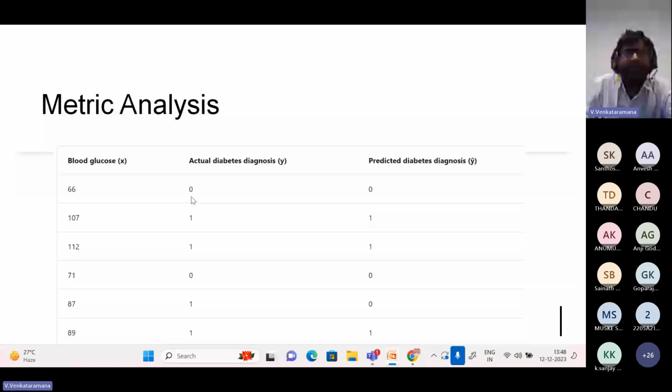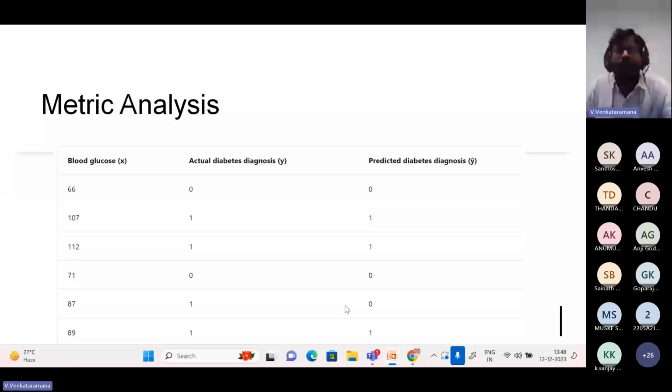Is there anything with 0, 1? How many samples are there? No sample where actually he is diabetic negative but your model predicts diabetic positive. Such samples are not there, so that is 0.